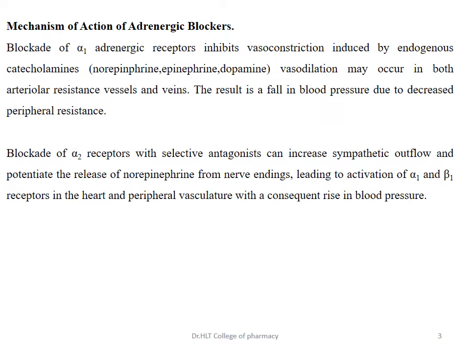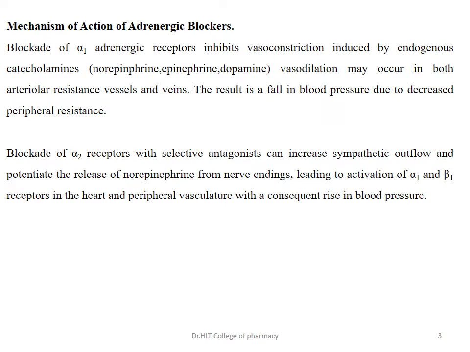Now we will see the actions of adrenergic blockers. As I told, they will block or reverse the actions of alpha and beta receptors. Blocking of alpha 1 adrenergic receptors inhibits vasoconstriction. It means the agonist shows the effect of vasoconstriction, but the blockers bring it down to vasodilation.